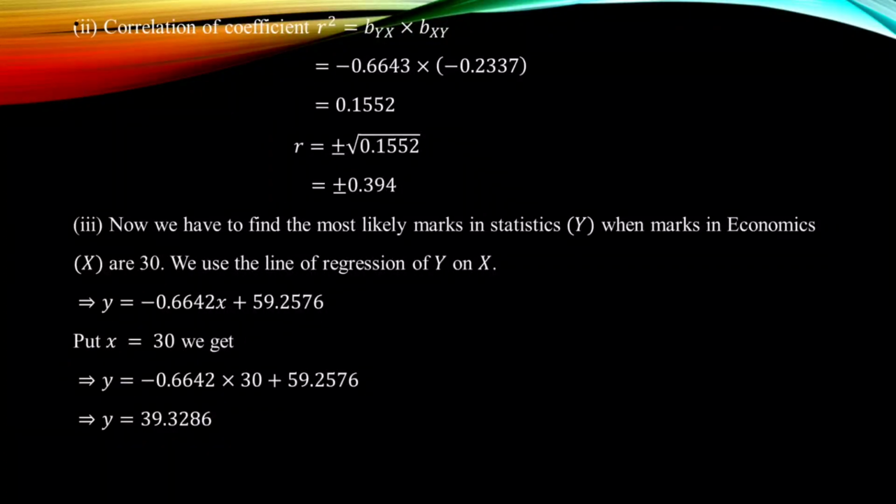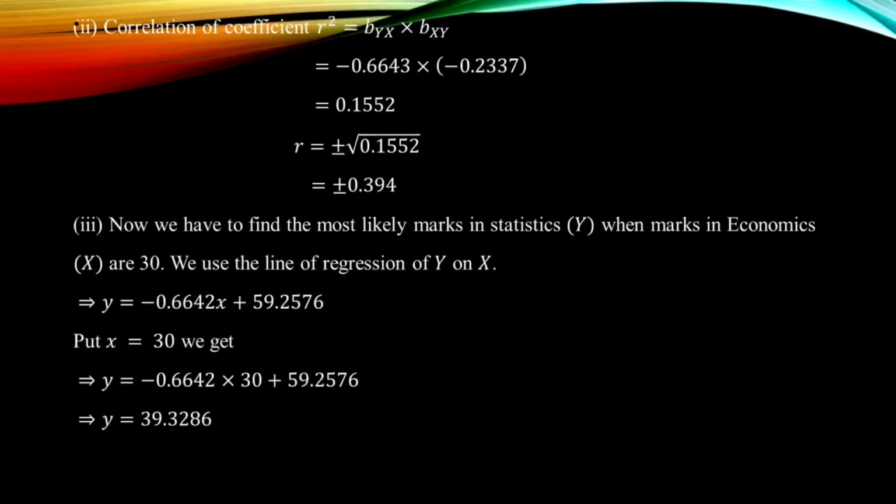Now third part is to find the statistics marks y for the corresponding economics marks x equal to 30. Since we need to find the y value, we use the line of regression of y on x. Suppose if we need the x value, then we have to use the line of regression of x on y.